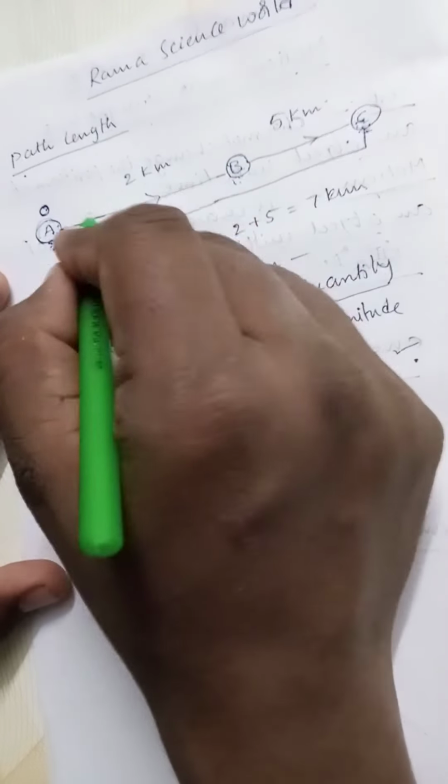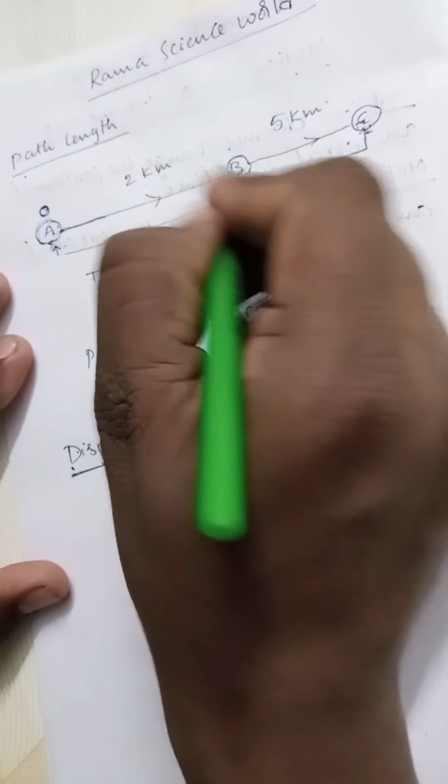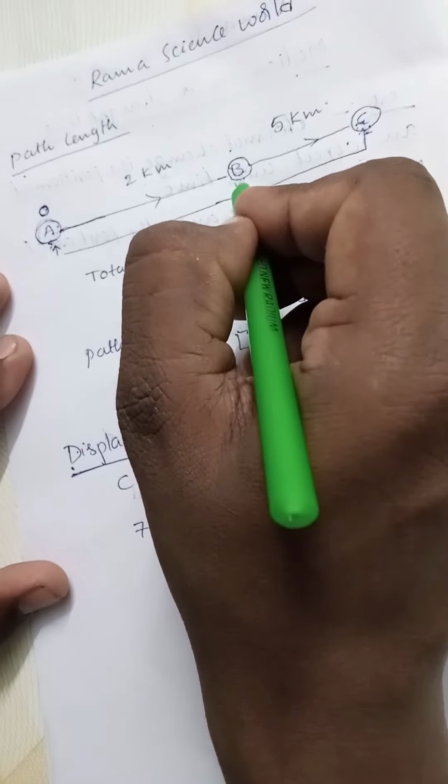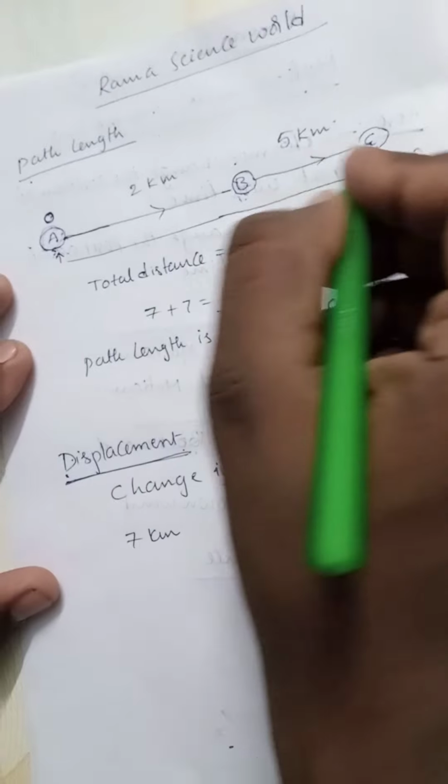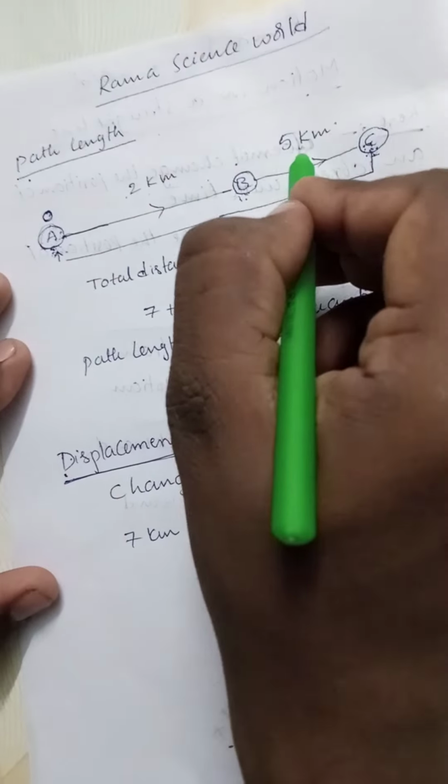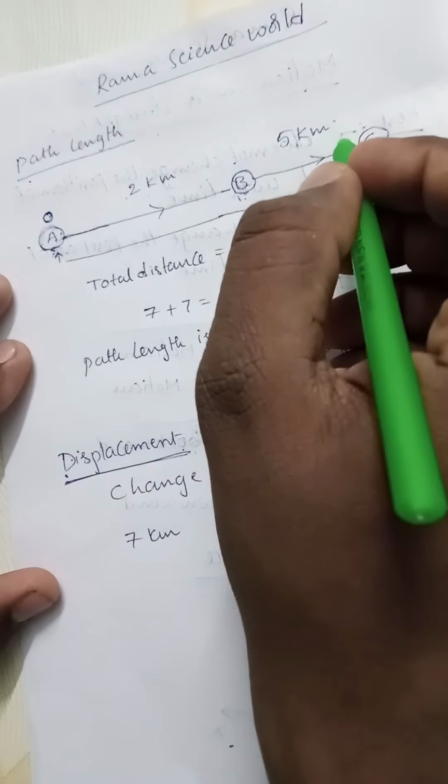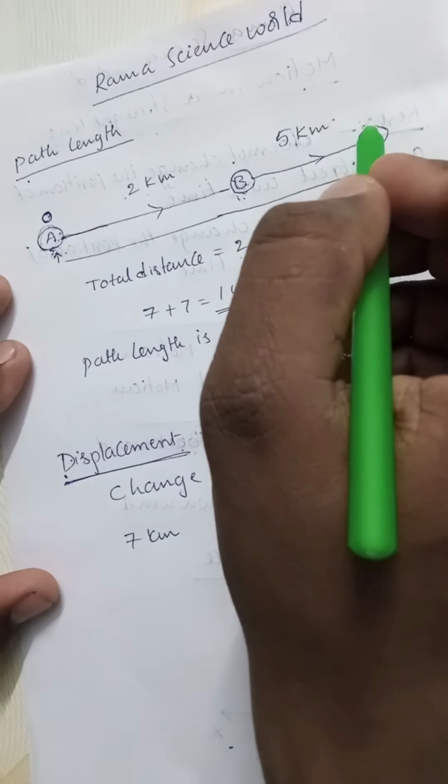After some time he reaches B. In this case the distance is equal to the displacement. After that the person moves towards C. So 2 plus 5 kilometers, 7 kilometers is the total distance, which is equal to the displacement.